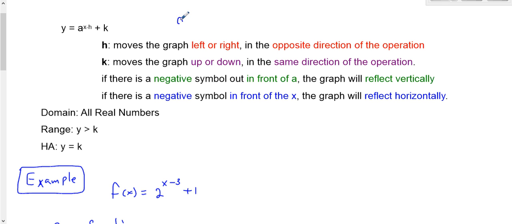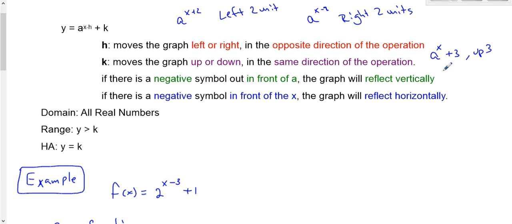If this was a to the x plus 2, that would be left 2 units. If it was a to the x minus 2, that would be to the right 2 units. And for the k value, if we had a to the x and then plus 3, that would be up 3. If we had a to the x and then minus 3, that would be down 3.